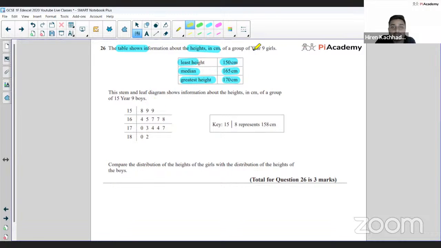So this is year 9 girls and this is year 9 boys. This is the stem and leaf diagram, and you have this key. You can use this to understand how to use it.